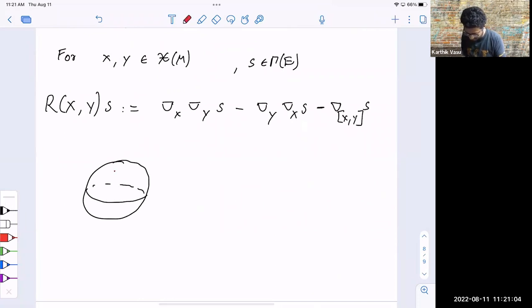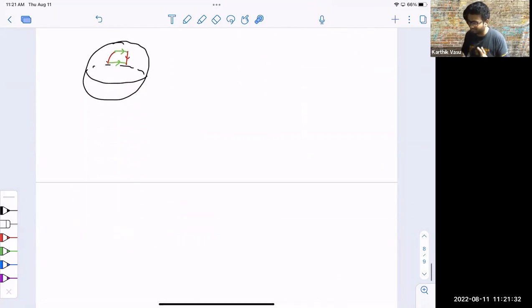Let's say you flow like this and differentiate in that direction. Then you go like this and differentiate in that direction. Or you go like this first, differentiate there, then come back like this and differentiate. This is all happening in an infinitesimally small place, very close. So how different are these two derivatives is what curvature is sort of measuring.